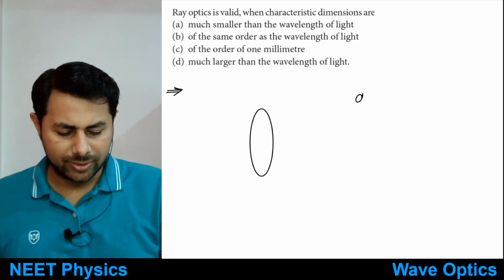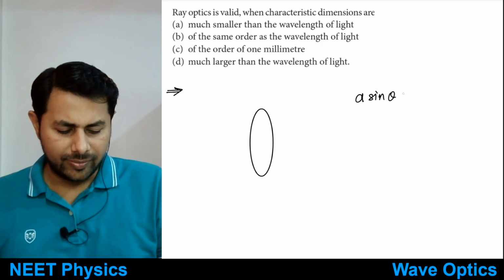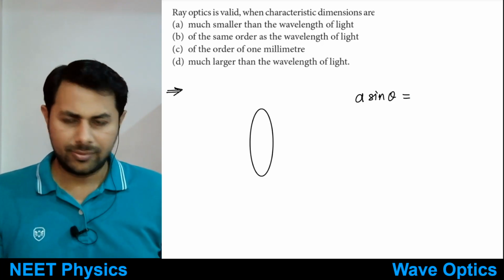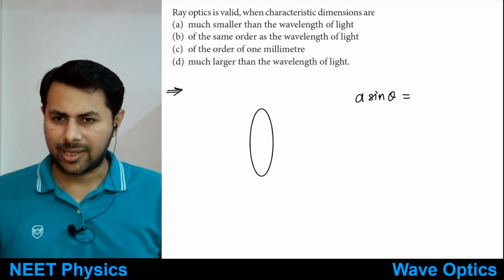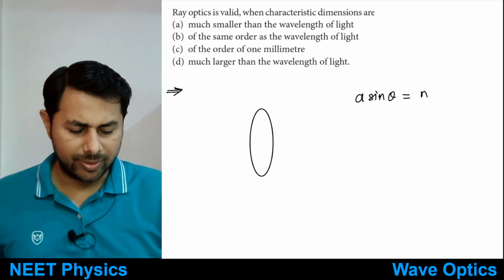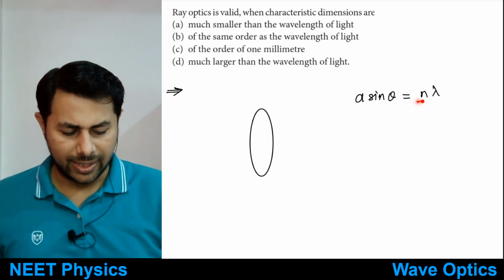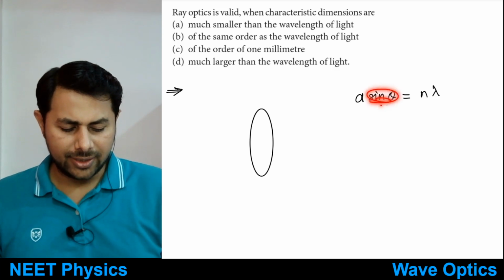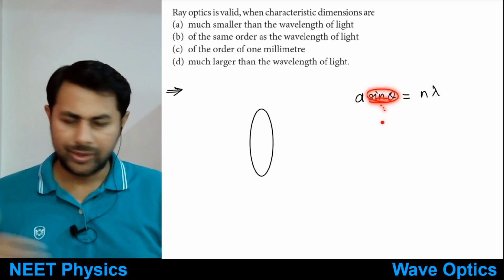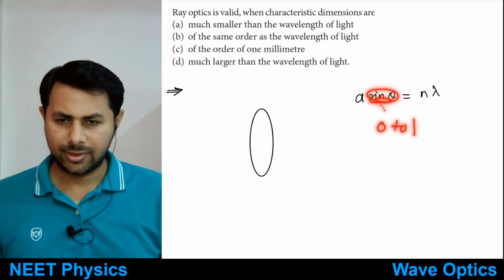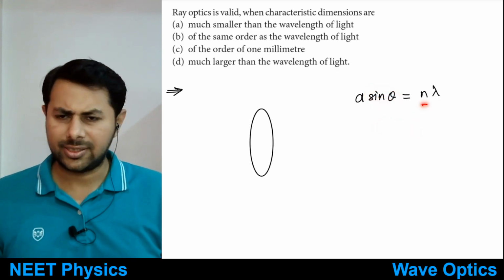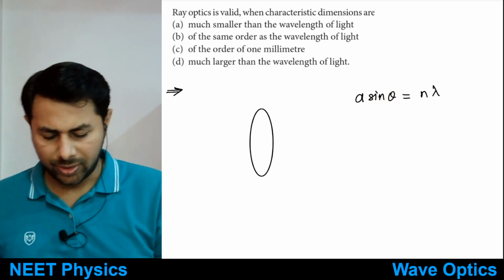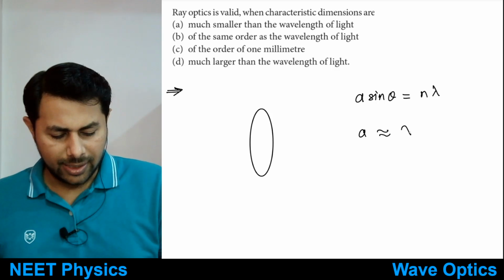When is it formed? a sine theta must be of the order of lambda. If we take the condition for minima, for the nth minimum it would be equal to n times lambda. Sine theta is between 0 and 1, and n is some number, 1, 2, 3, 4 and so forth. That means a is of the order of lambda.